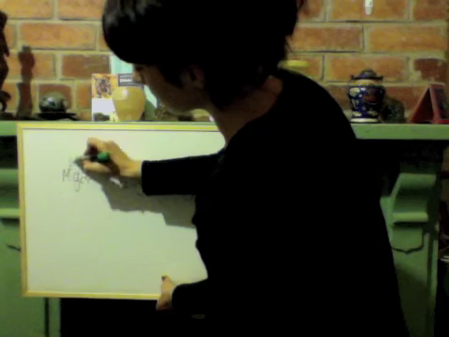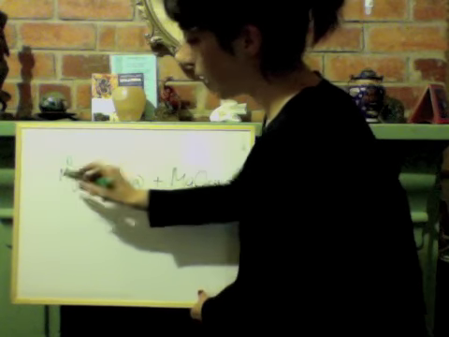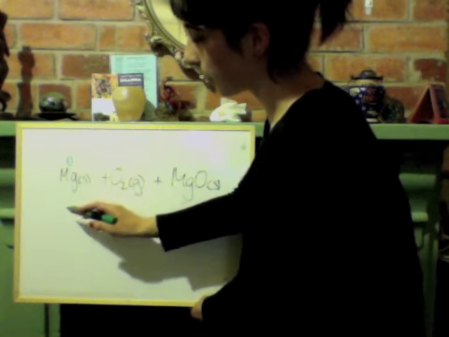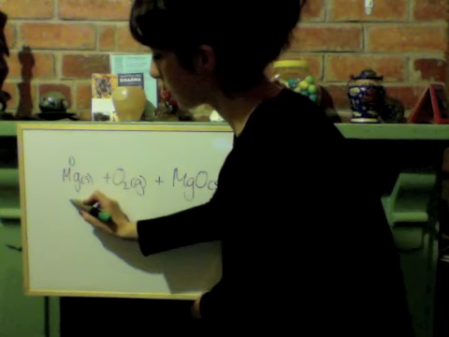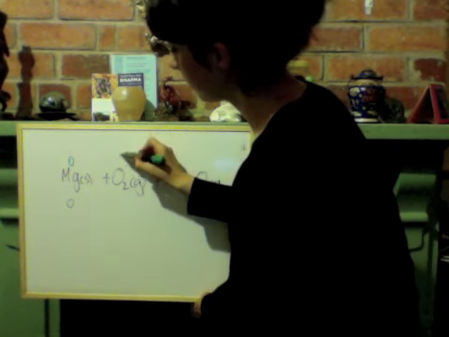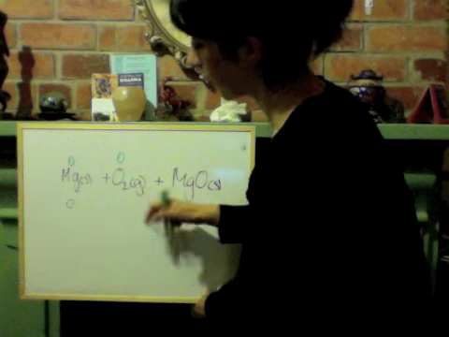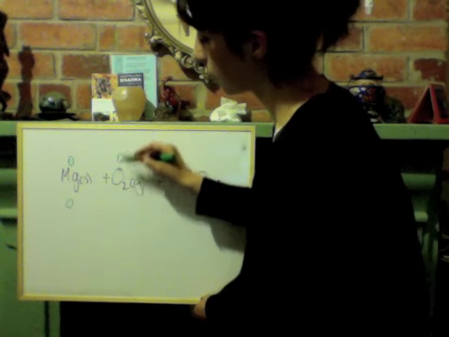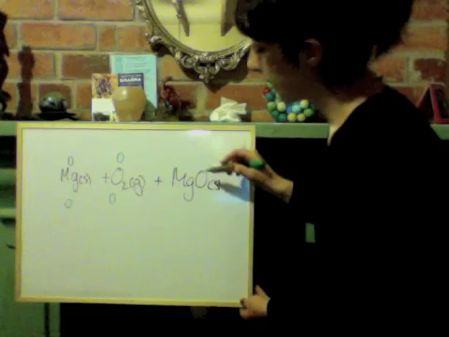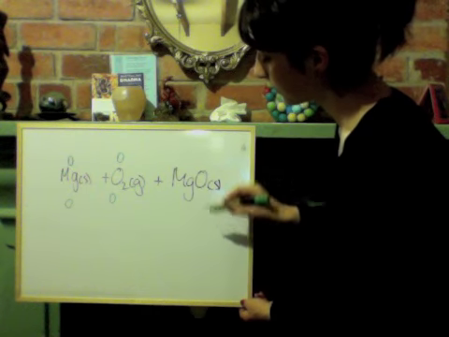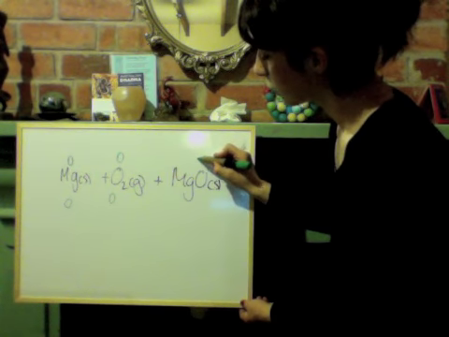So magnesium has 0. And the total number at the bottom. Because there's only one magnesium, it'll also be 0. Oxygen is 0, a free element, times 2, also 0. So that's no problem.